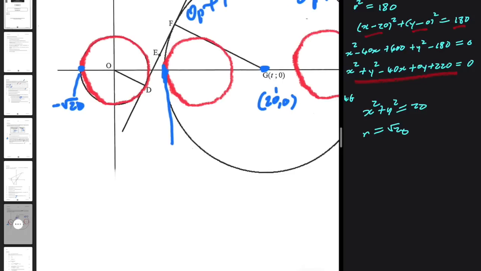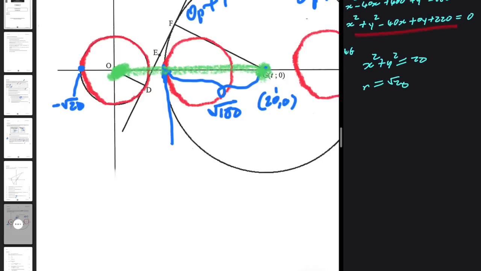Let me show you. We know that from this point to the center is 6 square root of 5, or let's just say the square root of 180. We know that for sure. But from the center of the Cartesian plane to the center of the circle is 20 units.